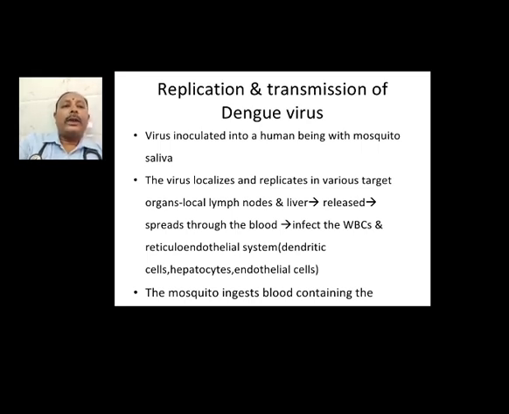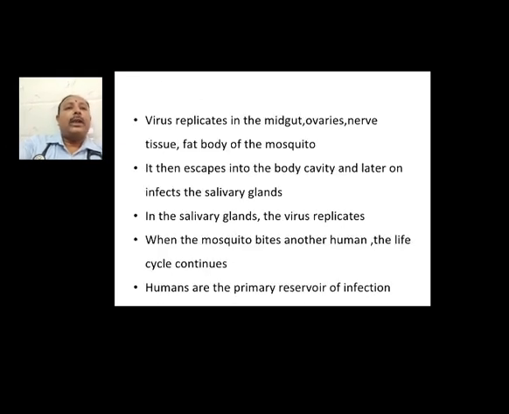The mosquito ingests blood containing the virus, which replicates in the midgut, ovaries, nerve tissue and fat body of the mosquito.